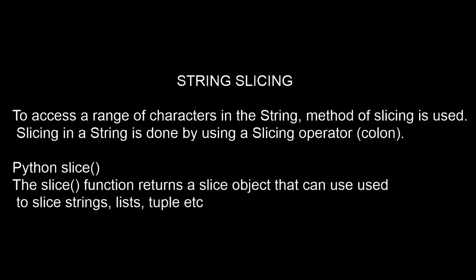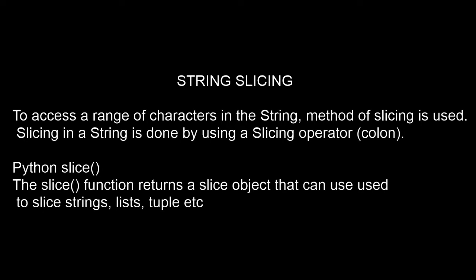The second method is the slice function, which returns a slice object, and that can be used to slice strings. It can also be used on other data types, lists and tuples. That constructor can be used to easily access the characters in the string.